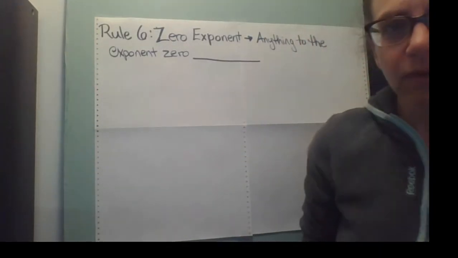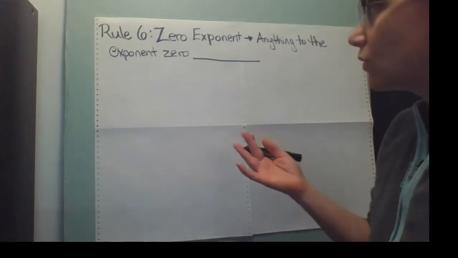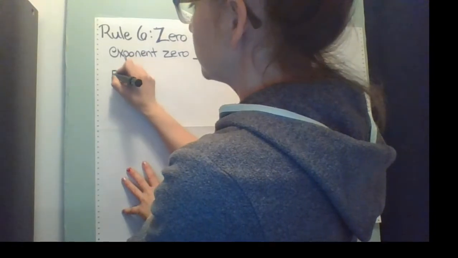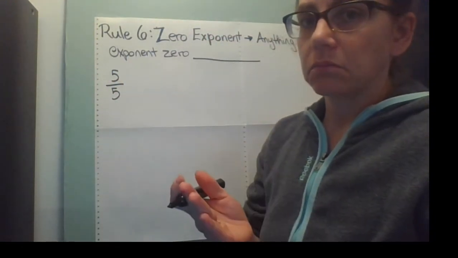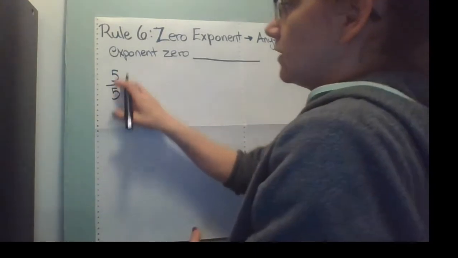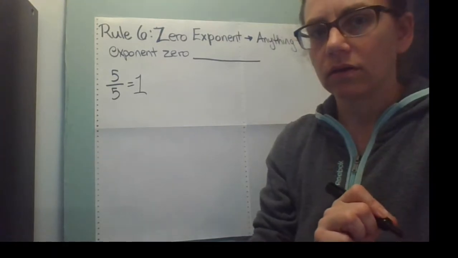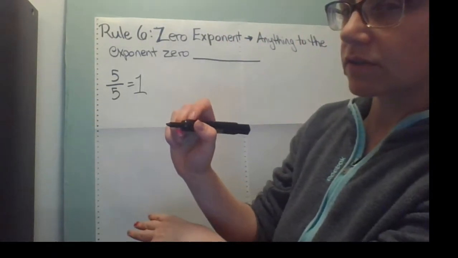Okay, so last rule, we have to discuss what happens when you end up with a zero exponent. Let's see. If I had 5 divided by 5, everybody knows that if you take something and divide it by itself, you're left with 1. What if I looked at that in terms of exponents?